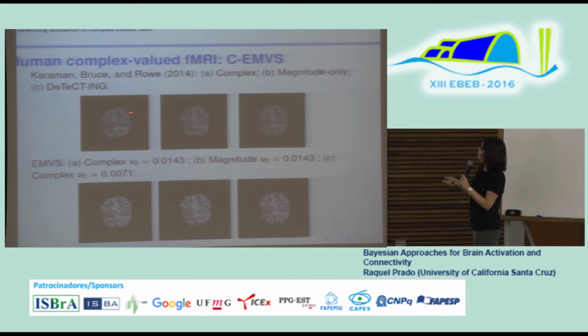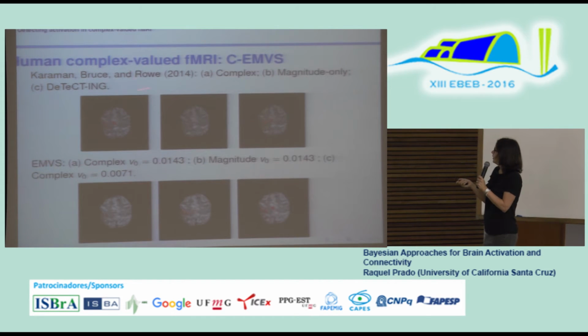So what we did is we took this data and we ran the complex valued EM variable selection. Again, we're comparing these models. It's essentially the same pictures that I was showing you before, and these are the pictures that we get from our analysis.